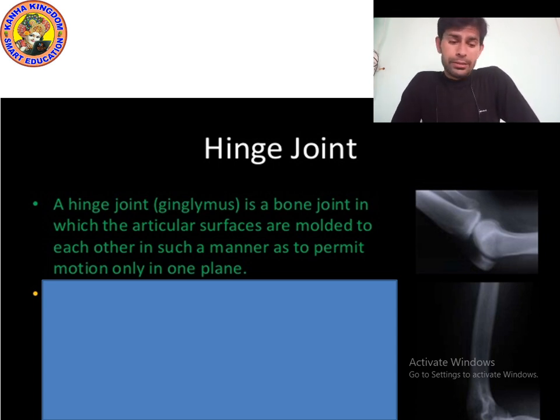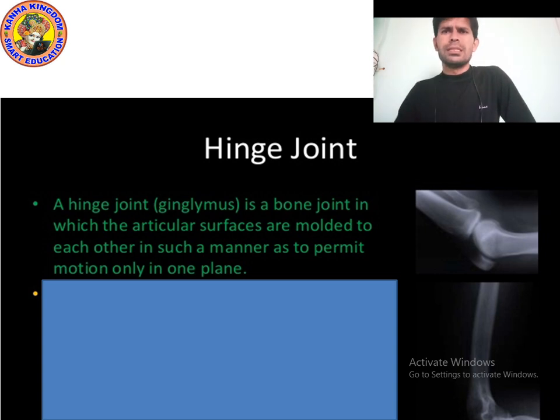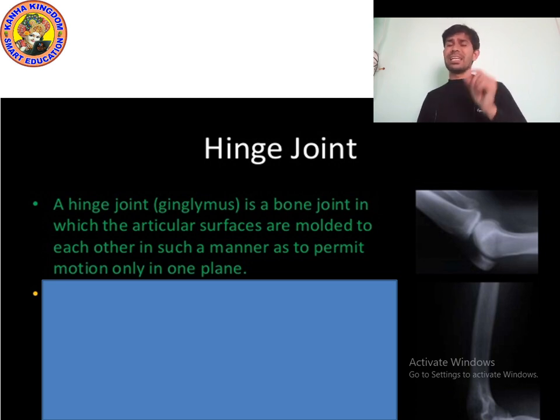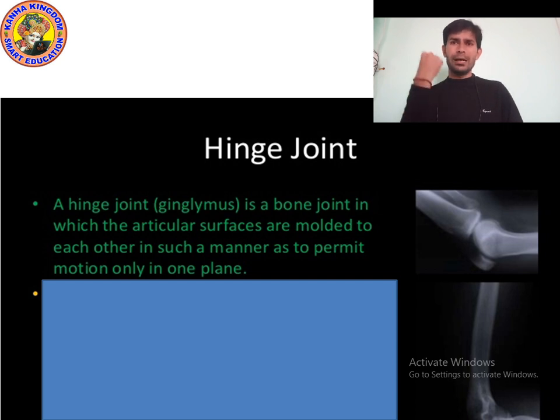They are present in our knee and ankle, knee joint and ankle joint, because they allow a slight degree of rotation or side-to-side movement, otherwise the movement is only up and down.